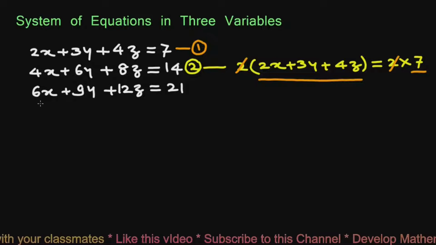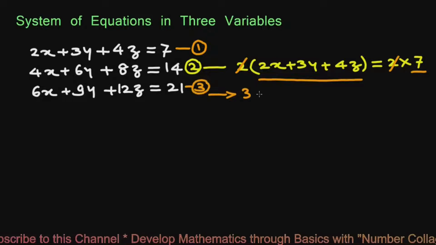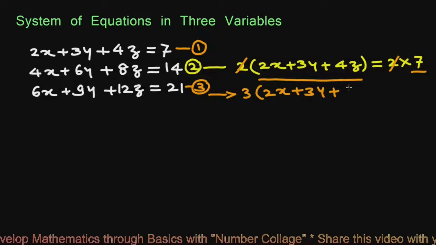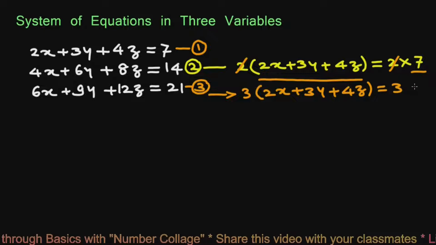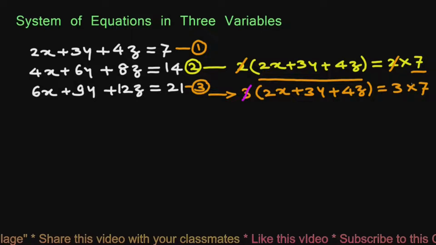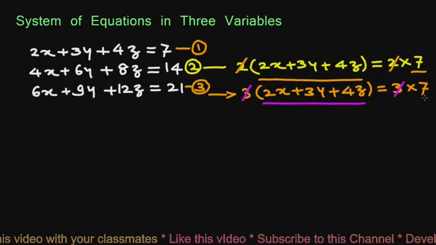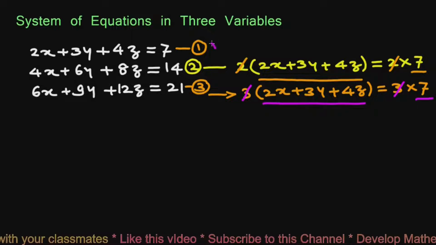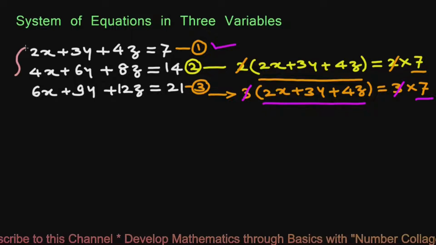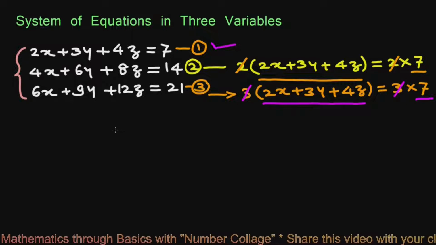Also, we can take 3 common from equation 3 and write 3 times 2x plus 3y plus 4z equals 3 multiplied by 7. Cancelling 3 from both sides, we get 2x plus 3y plus 4z equals 7, same as the first equation, which means that this system of three equations contains one and the same equation.